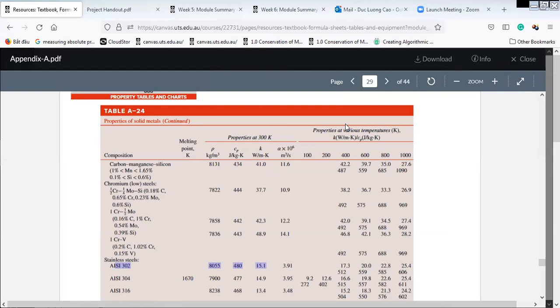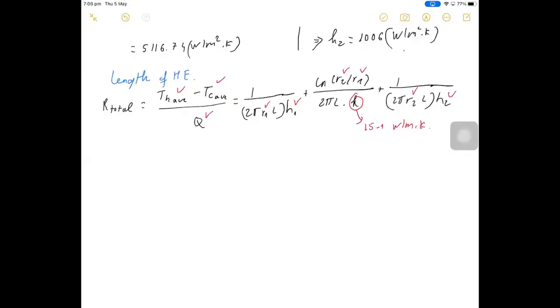Is you have 15.1 is K here, this one. 15.1 watt per meter K. Oh sorry, still not working. Okay, 15.1 watt per meter K for thermal conductivity of the material.